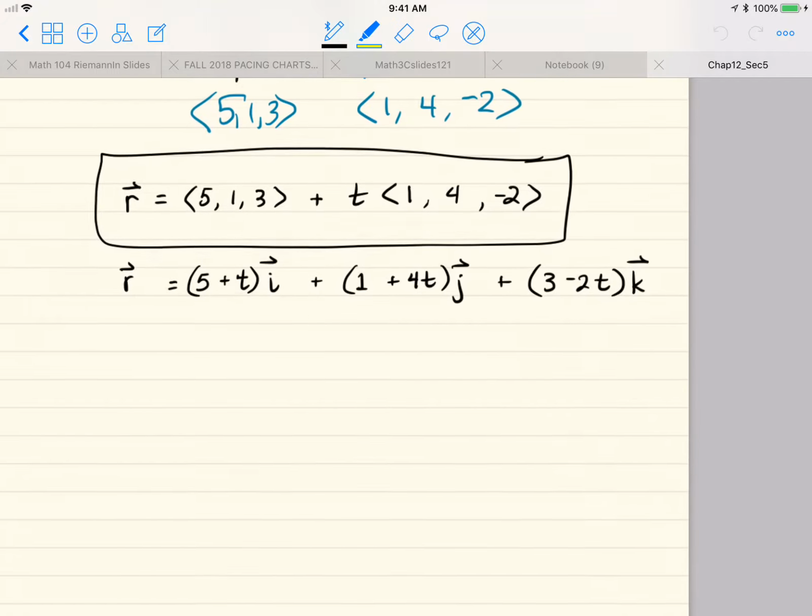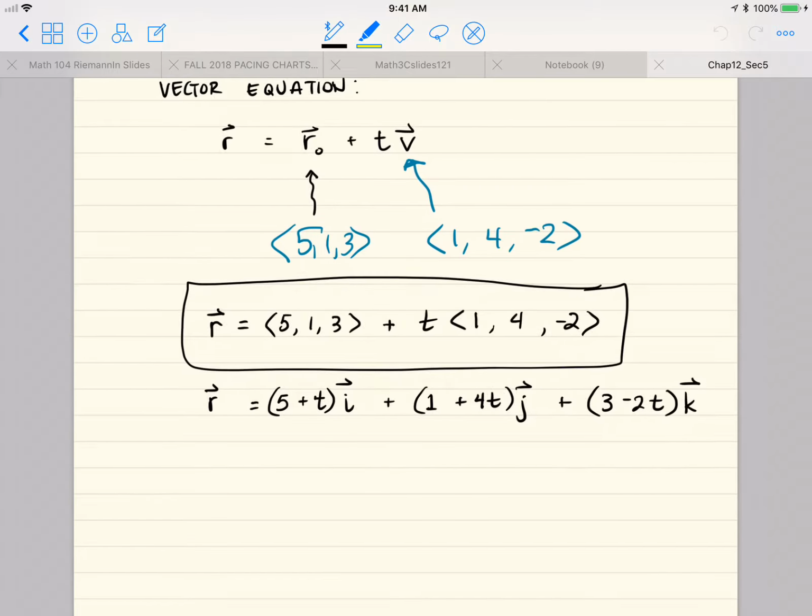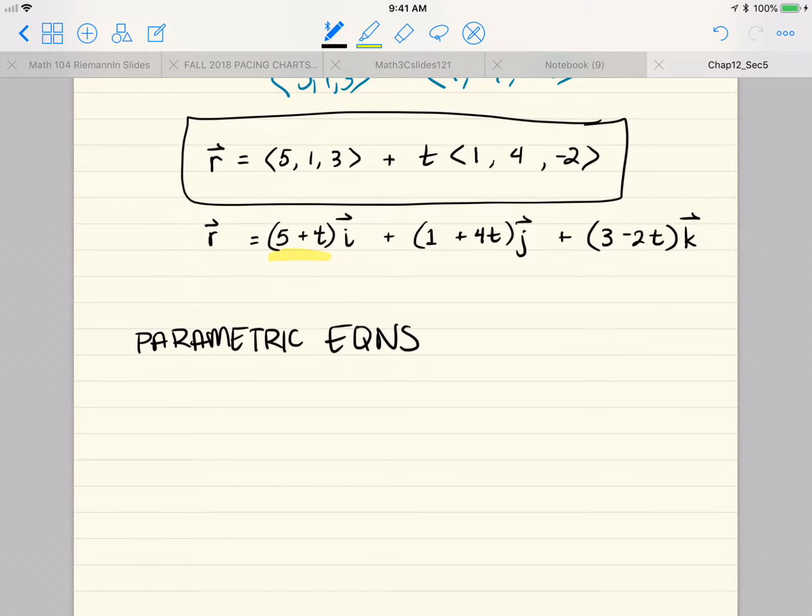So the fact that we just wrote our vector equation like this now gives us a head start on writing our parametric equations, because they will just be x equals 5 plus t, y equals 1 plus 4t, and z equals 3 minus 2t. Okay, so those are parametric equations.